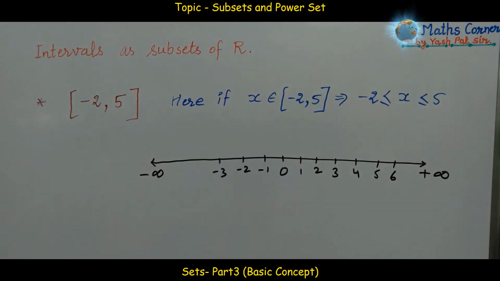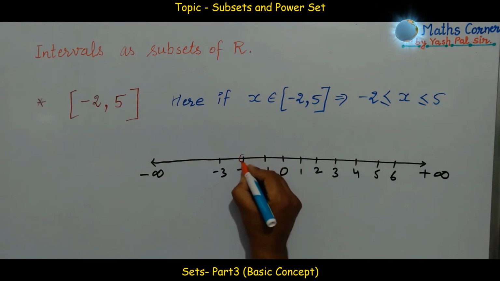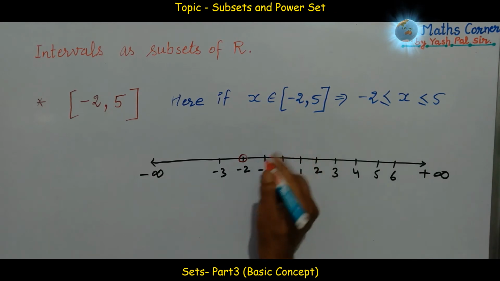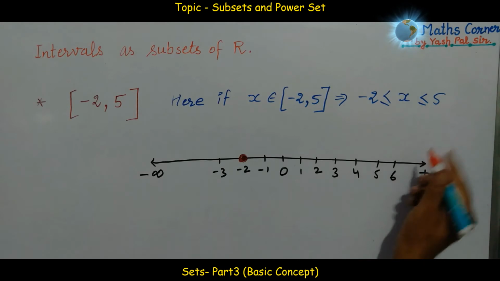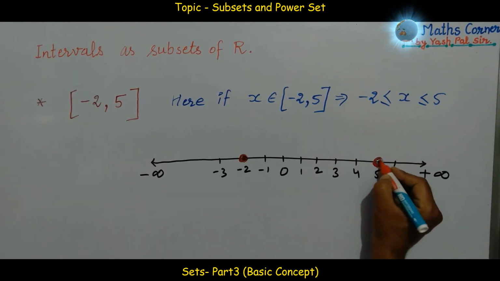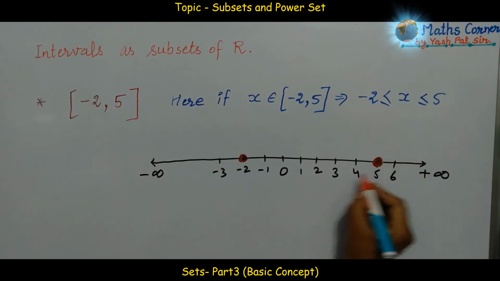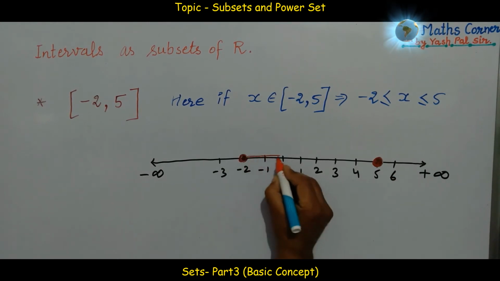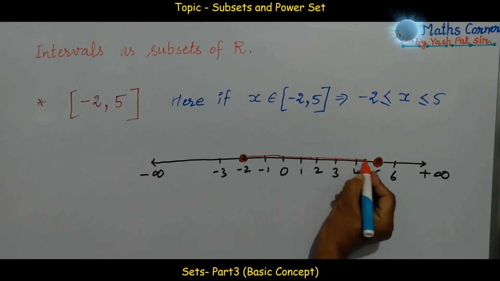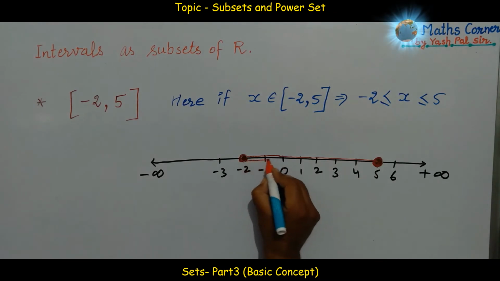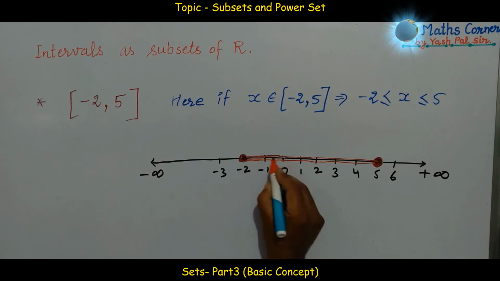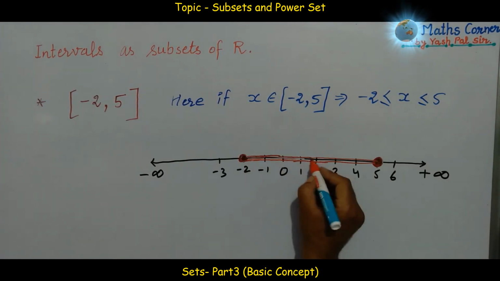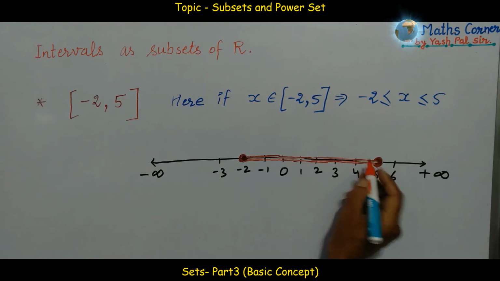Okay, so again what we say, -2 is here because with -2 we have closed bracket, so this part is darkened. Here 5 is also the solution. This circle is also darkened. Each and every part of the number line in between -2 and 5, including -2 and 5, is the solution. Okay, so this way we can represent this on the number line.